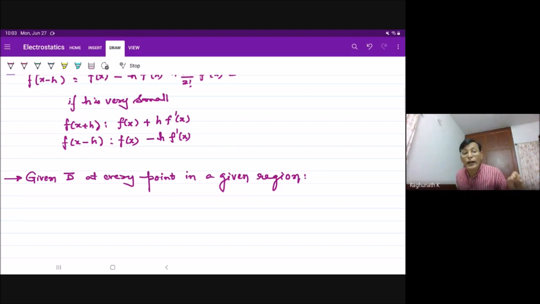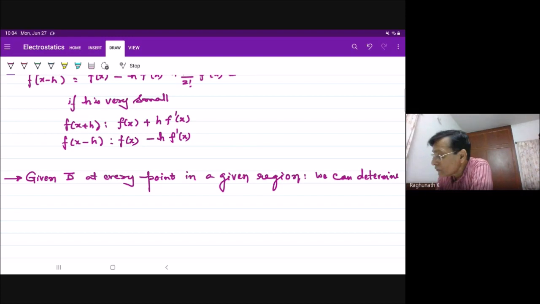Given D bar at every point in a given region, we can determine rho v at any point in that region.